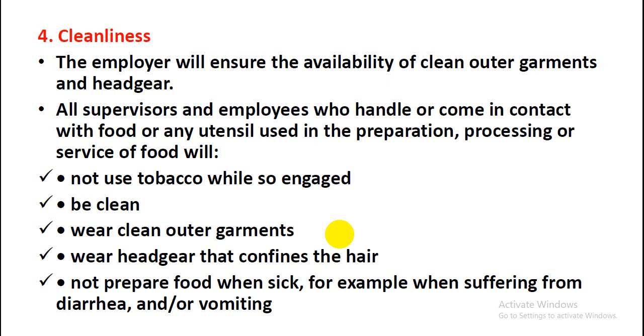This is important. And also we have to ensure that all the employees are wearing headgear. And also that the persons who are working are not sick and not suffering from clinical problems like vomiting, diarrhea, sneezing, coughing, etc.